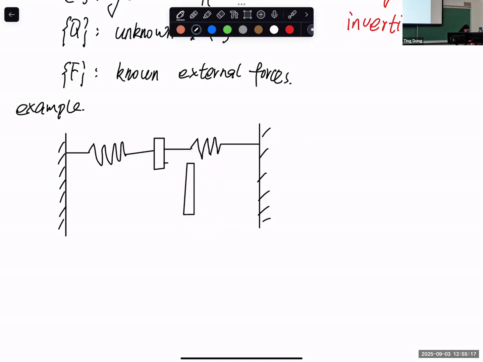There's a small spring element between these two nodes. One element here, and one here. For the nodes, let's put the left side as node 1. This is node 2, node 3, node 4.